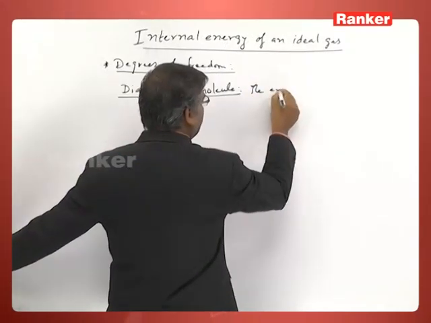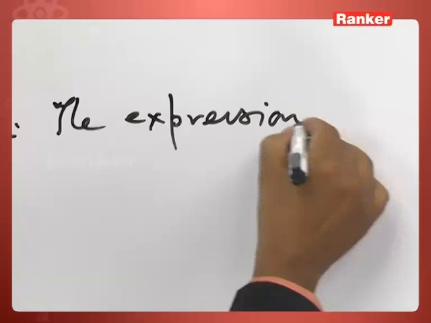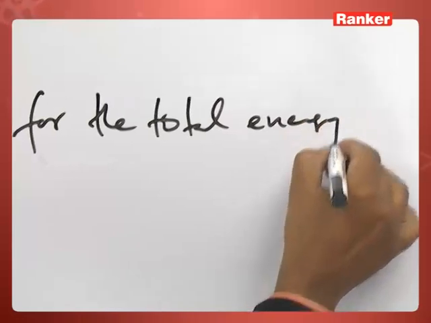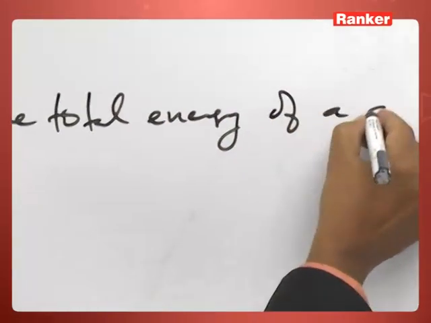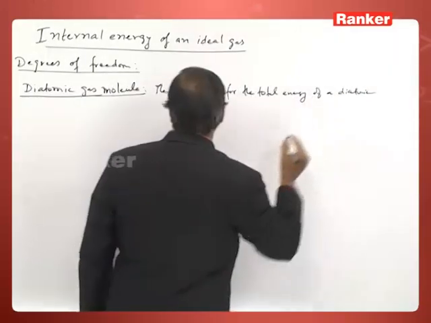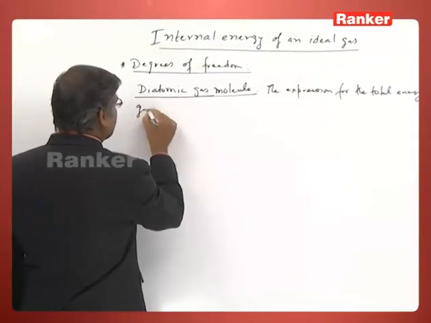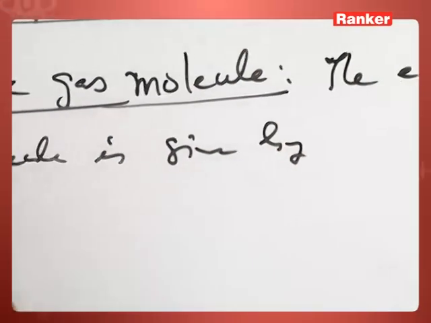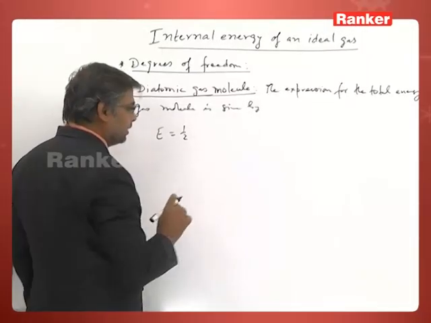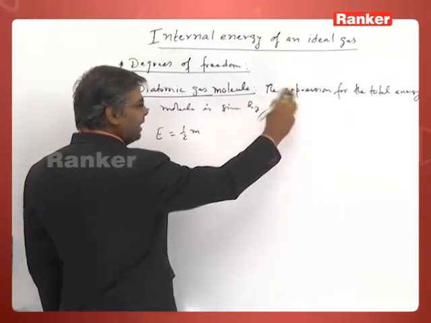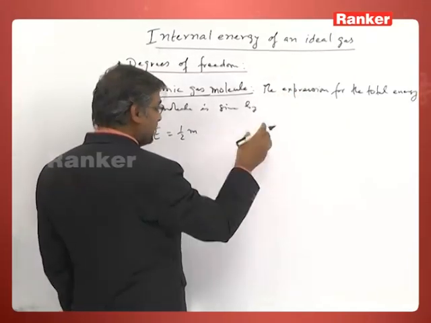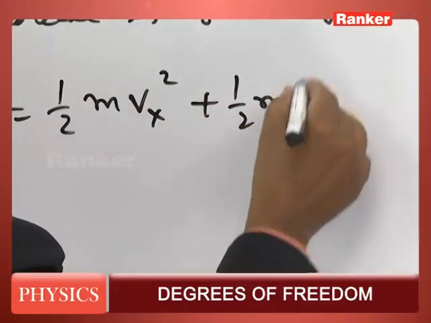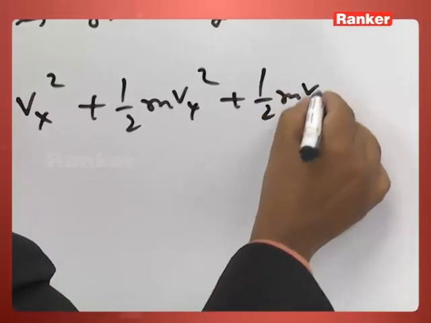The expression for the total energy, that is the kinetic energy of a diatomic gas molecule, is given by E is equal to half total mass, this is the mass of each molecule, each atom to form a molecule, half mvx square plus half mvy square plus half mvz square.